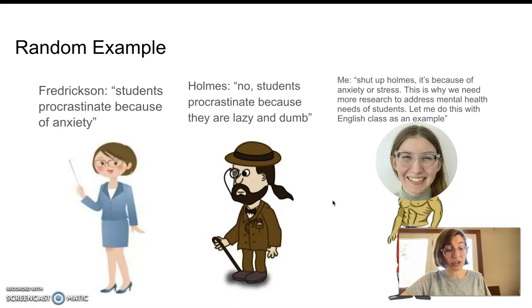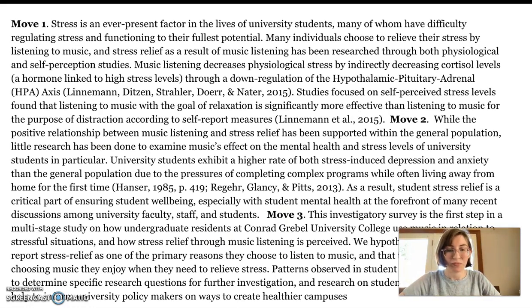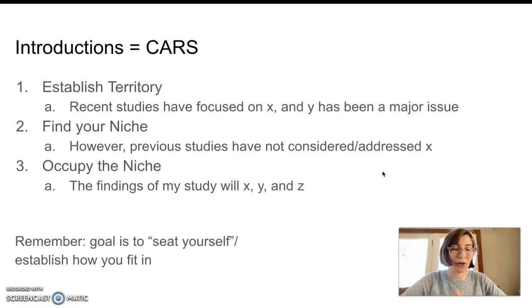So this is just an abstract thought or goal. There's an actual structure or method you could follow that would make this easier. Oh, I skipped it. It's called CARS, named after, I think, someone with the last name Cars. There are 3 steps to accomplishing that goal. The first step is called establishing territory, where you summarize the big ideas from your sources.